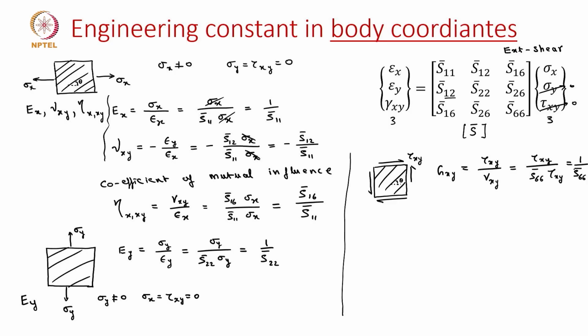Okay. Is there any other coefficient we can get from this last experiment? The answer is yes. We can here again talk about this extension shear coupling, but this time, because of applying the shear stresses, what are the normal strains? How do we get that? Again we introduce one more coefficient of mutual influence, this time xy comma x, which we can define as epsilon x by gamma xy.